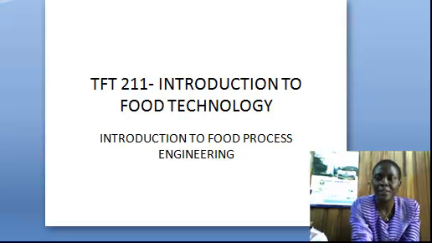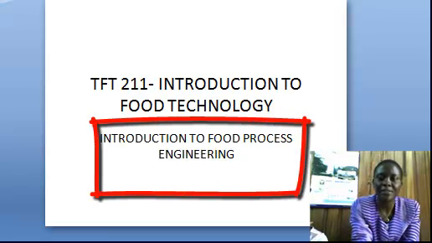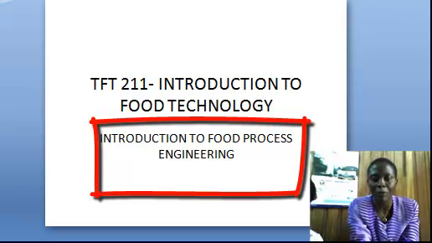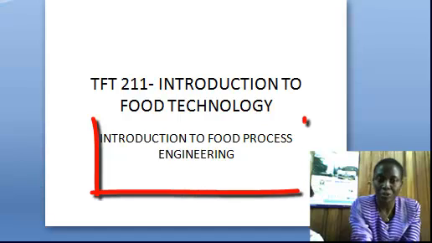First of all, I want to disabuse your mind as to what food process engineering is all about. Most of you have the impression that it's calculation and you can't pass it or you can't score high in it. That is not true.